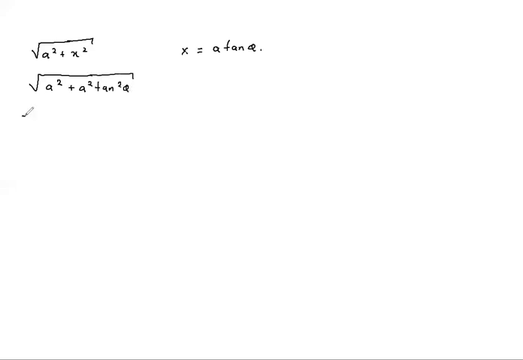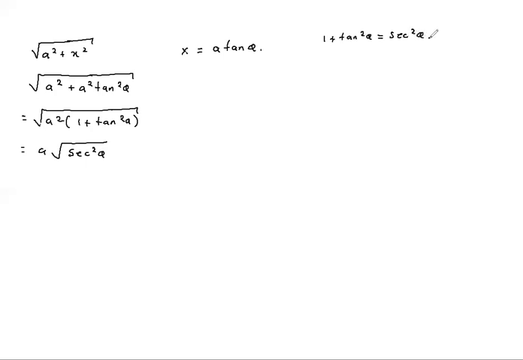This becomes a squared times 1 plus tan squared theta. And so a squared remains with a, and then the square root of sec squared theta, because we know that 1 plus tan squared theta is equal to sec squared theta. And so here you remain with a sec theta.